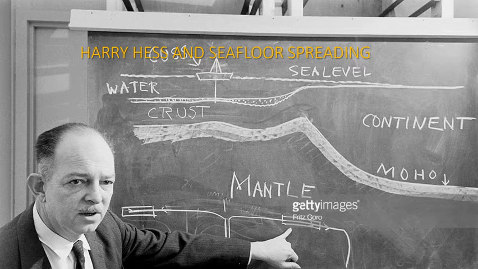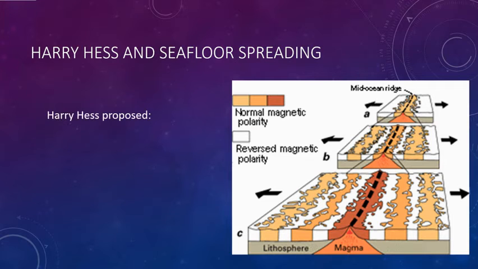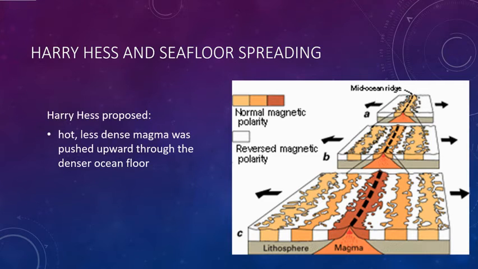A breakthrough was made in the middle 20th century with Harry Hess, and he developed a theory called seafloor spreading. This was proposed on the fact that hot, less dense magma was pushing upward through the dense ocean floor. If you look at a map of the world, or I should say the globe, you'll notice that there are mountains running down the middle of a number of the oceans, especially the Atlantic Ocean.